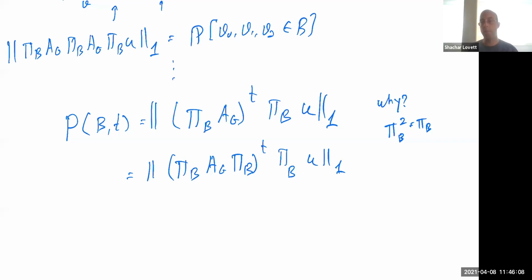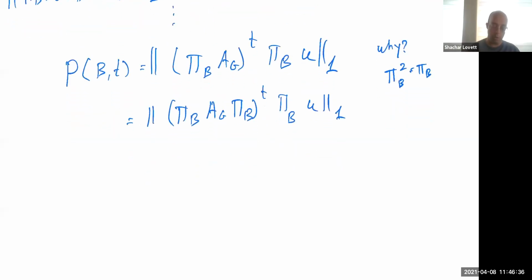And why do we do it? Well, basically because π_B A_G π_B is a symmetric matrix. It's going to be easier to work with symmetric matrices compared to π_B A_G, which is not a symmetric matrix. So again, there's a small technical trick that's going to be useful for us. Now I want to make the following claim.